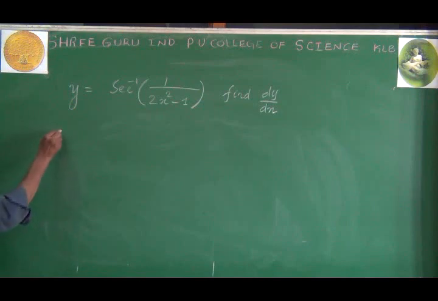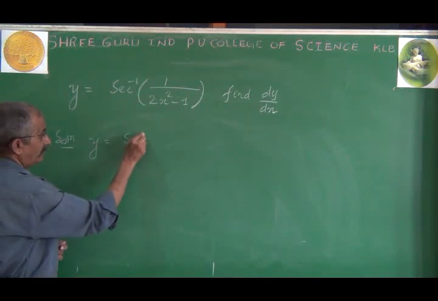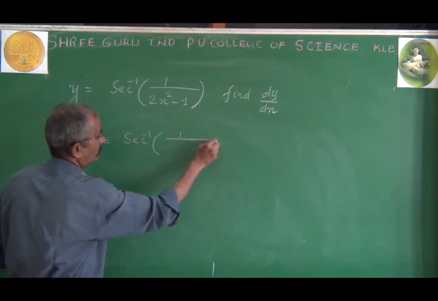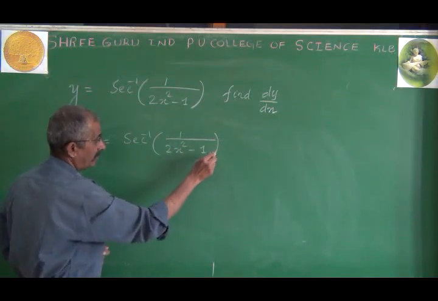Solution. Let us write the given function first. Consider the given function y equals sec inverse of 1 by 2x square minus 1. Call this 1.